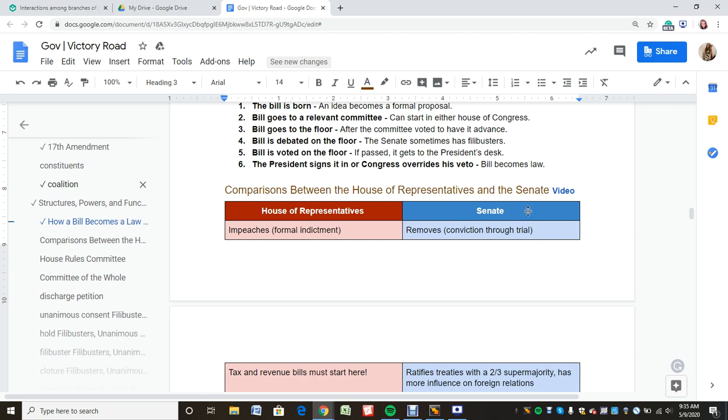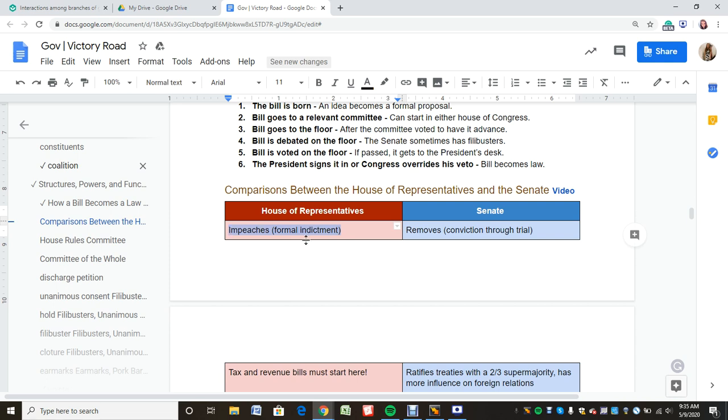One thing that's really unique to both of these is impeachment proceedings. Your formal indictment to start the impeachment will begin in the House of Representatives. But the impeachment trial then has to go to the Senate, and your justices will preside over this.